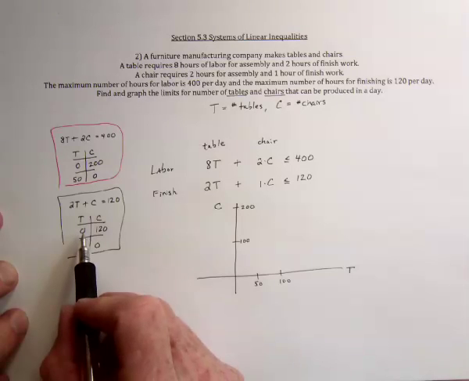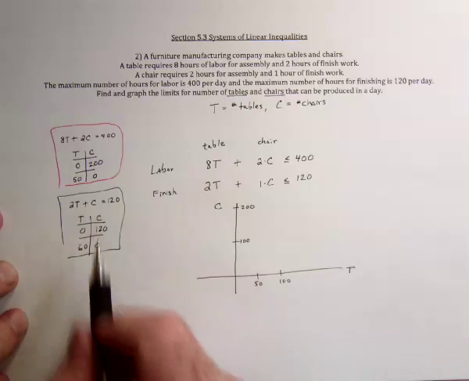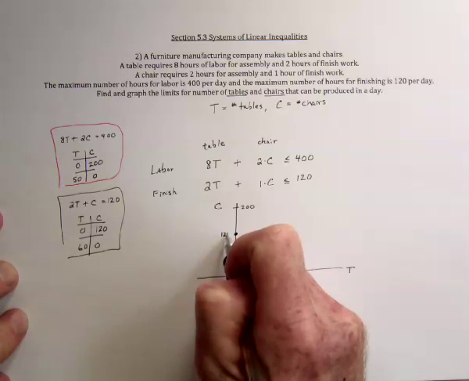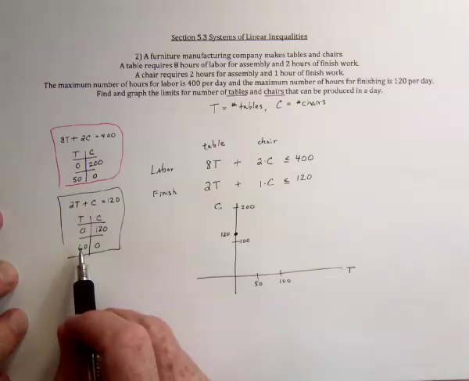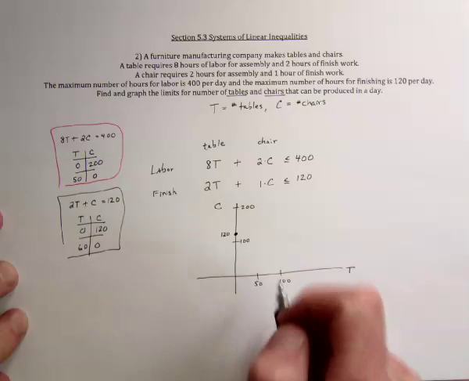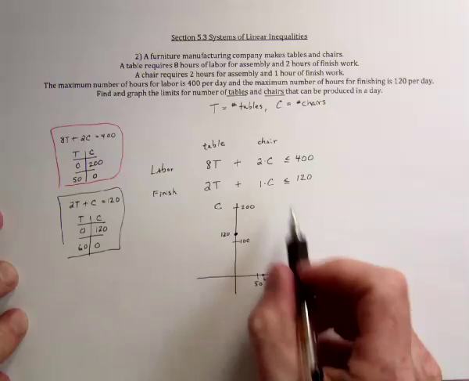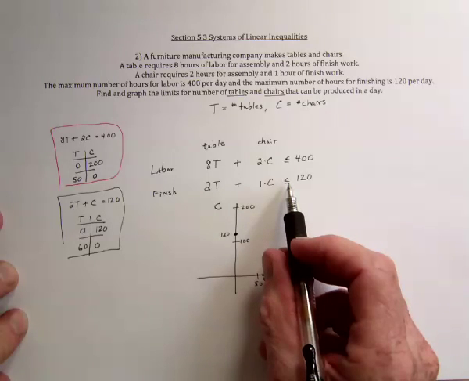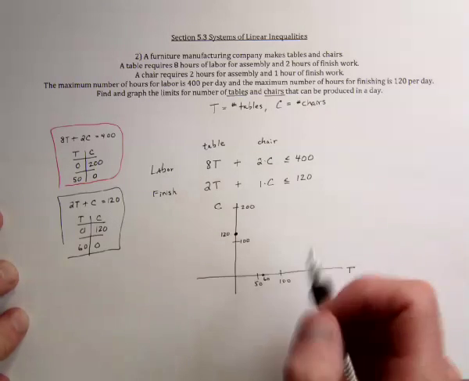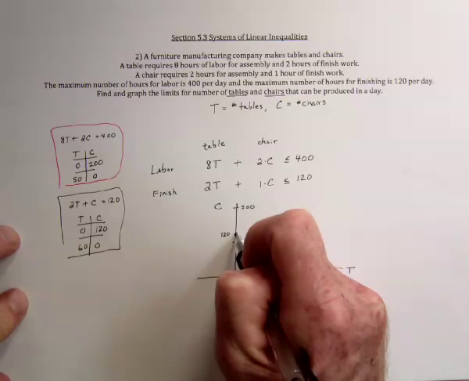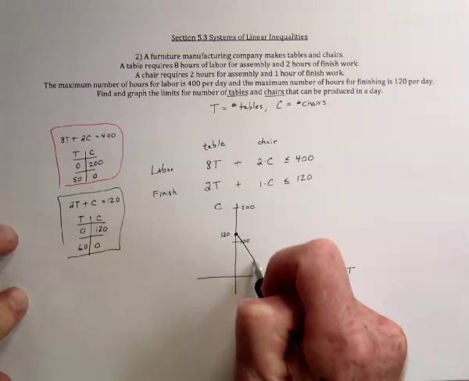Okay, so with this one, 0 and then up to 120. And then go over by 60 on the t-axis. Both of these have equals as a possibility, so I should be using solid lines. And again, this is supposed to be just in the first quadrant, so I just need to draw this part of it.